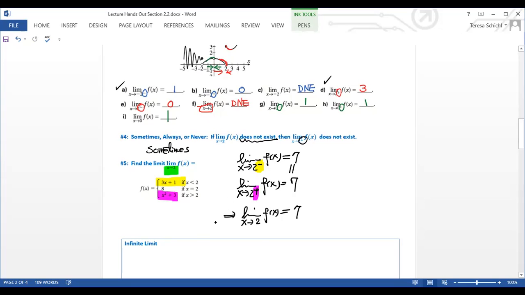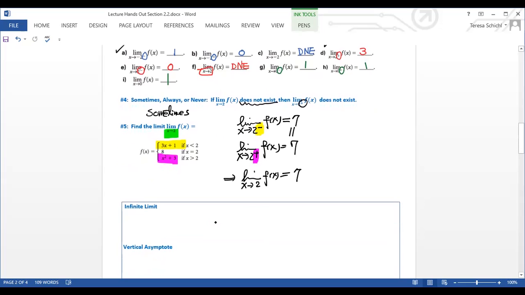Okay, so now let's see the infinite limits. What is an infinite limit? That's the limit going to infinity, and we still say the limit does not exist because it's not a fixed number here, right? So let's take a look at the notation here.